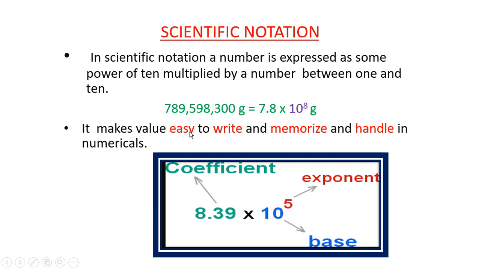It makes it easy to write the value, to memorize the value, and to handle the value in calculations. As you can see, there is a value in standard form or scientific notation, and this 10 is called the base, and then we have a power, the exponent, multiplied by any number between 1 and 10.